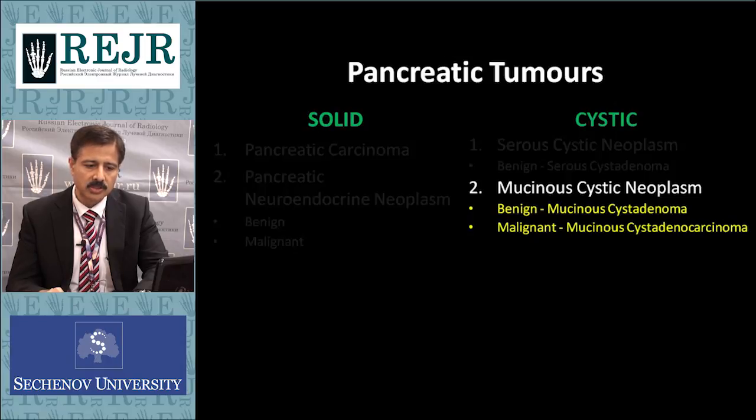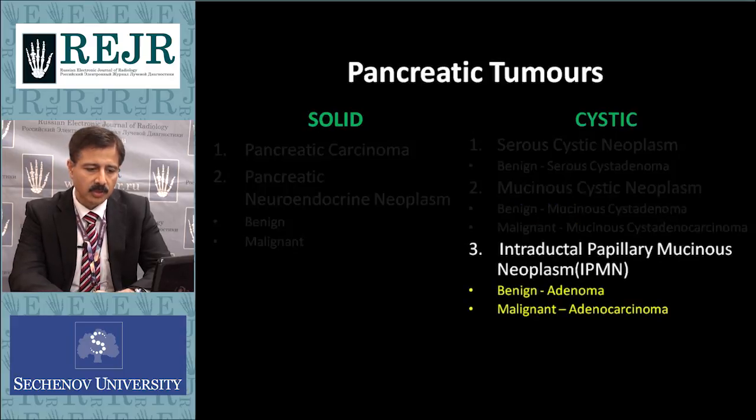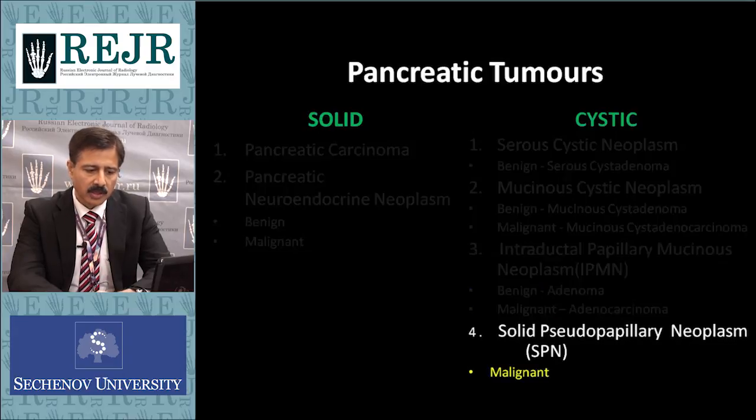So mucinous cystadenoma can convert to a mucinous cystadenocarcinoma. The next cystic tumor is intraductal papillary mucinous neoplasm, which has similar characteristics with a spectrum from benign to malignant. And finally, I will also be discussing this rare tumor, which is known as solid pseudopapillary neoplasm.